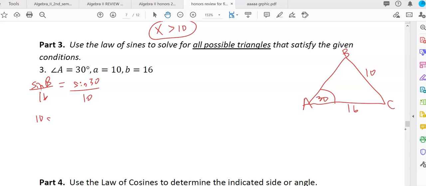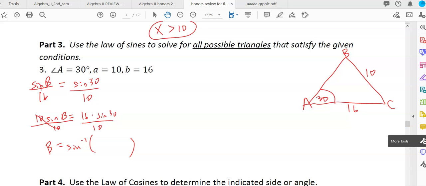So 10 times sine of B equals 16 times sine of 30, divided by 10. Then we're going to take the inverse sine of that.